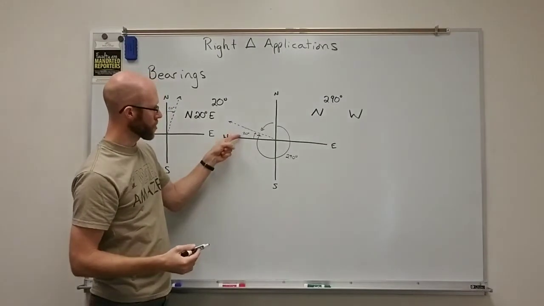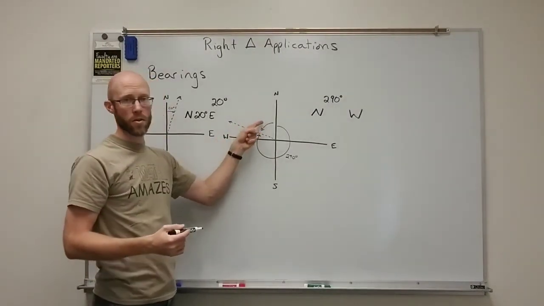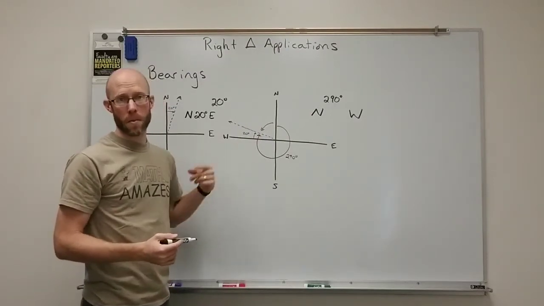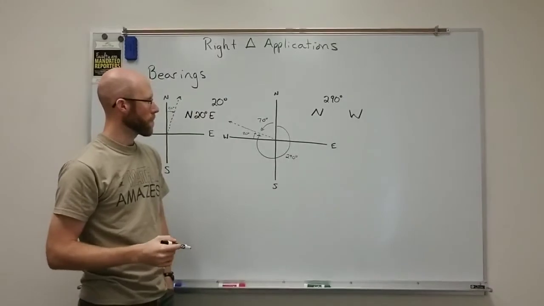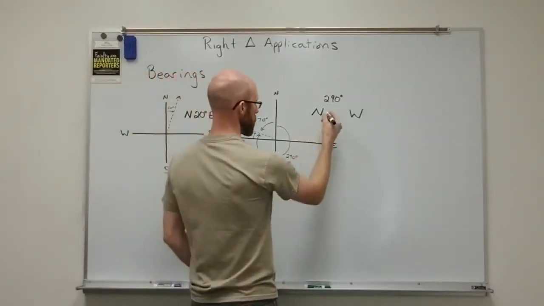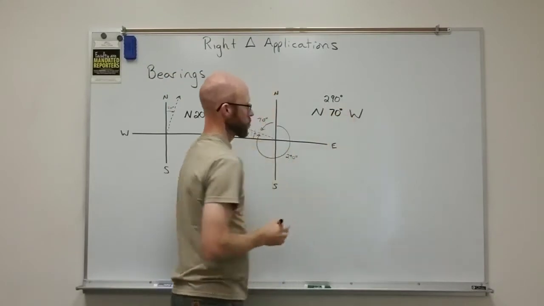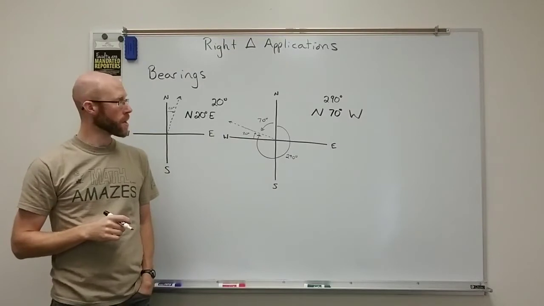And in this case, because there's 20 degrees coming up from the west here, that would leave 70 degrees, because these have to be complementary, that would leave 70 degrees here as your bearing off of north. So it's north 70 degrees west, which is the same as a bearing of 290 degrees, okay?